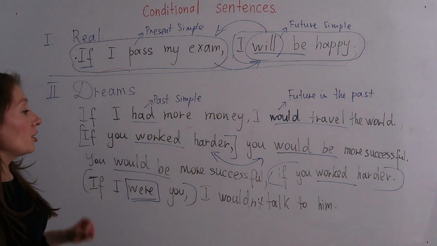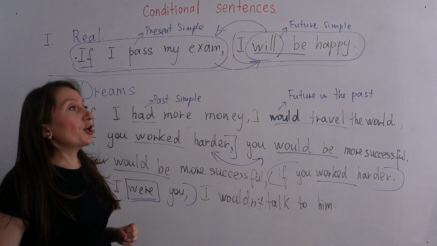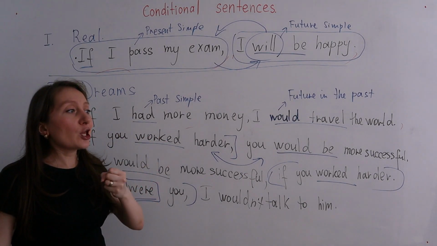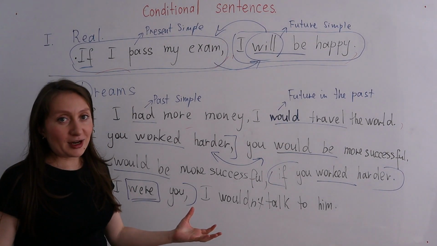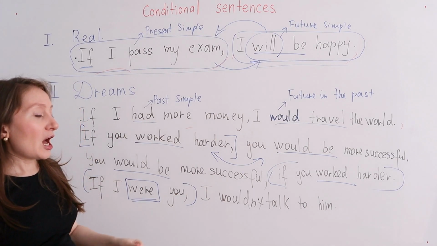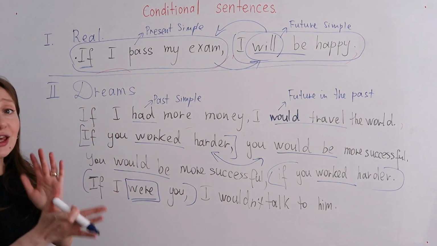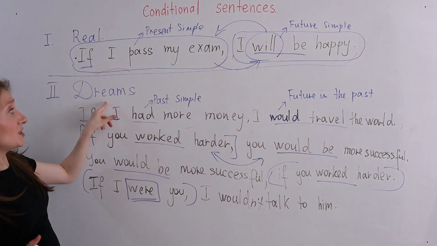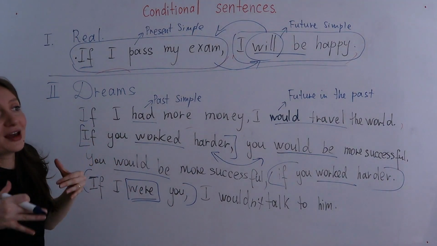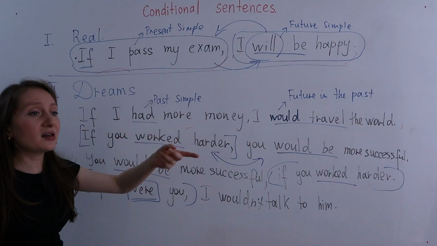If I were, I don't know, if I were a superstar, I would travel the world, right? If I were you, I would do it by all means. But actually, I cannot be you. So that's why it's a dream, right? It's not possible right now. It's kind of advice.